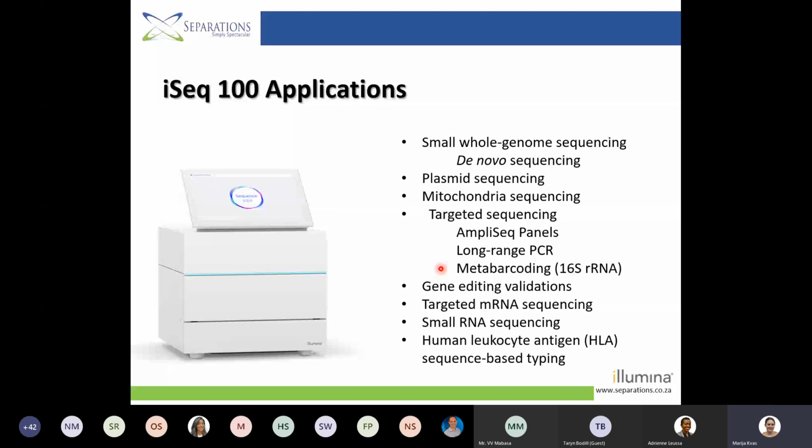You can also adapt this method to look at yeasts and fungi with the ITS region, or to look at other animal species with cytochrome oxidase. It's also perfect for gene editing validation, for a targeted transcriptome approach, and also for small RNA sequencing and HLA genotyping. We will discuss small RNA sequencing and HLA genotyping later today, so please join us if you are interested in those applications.